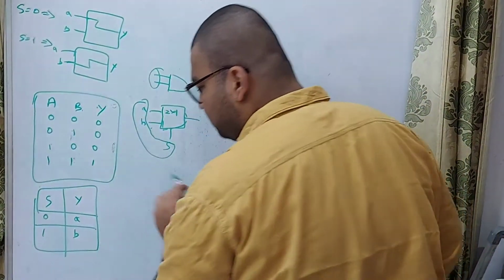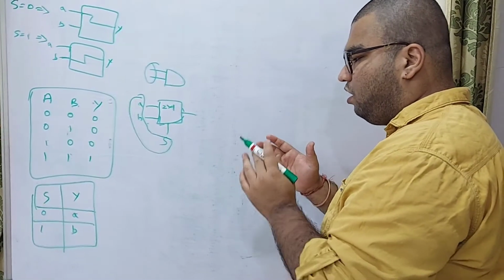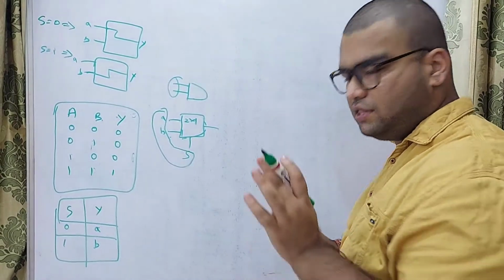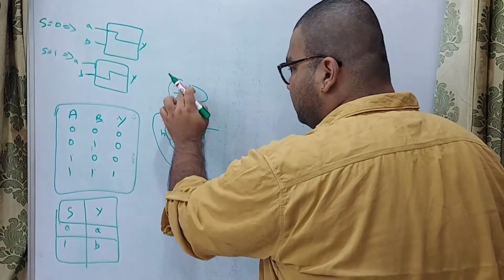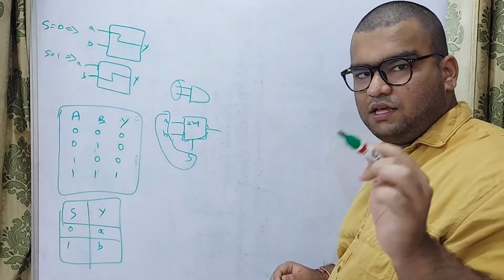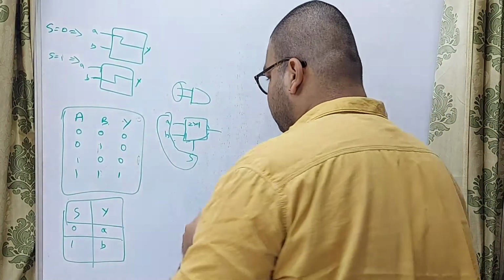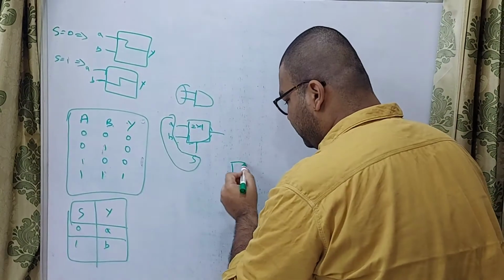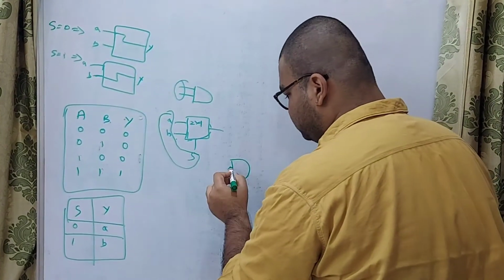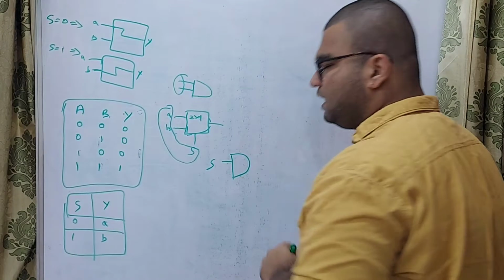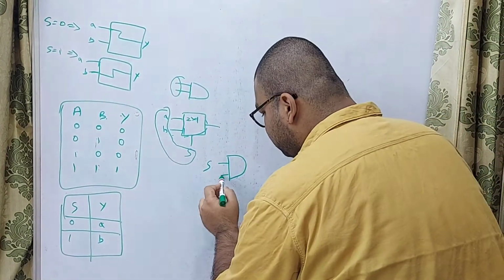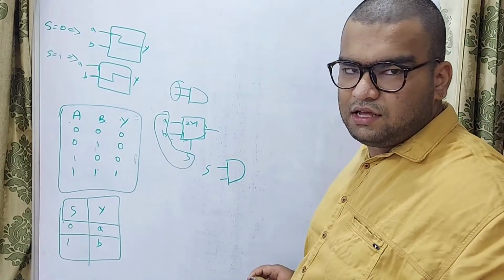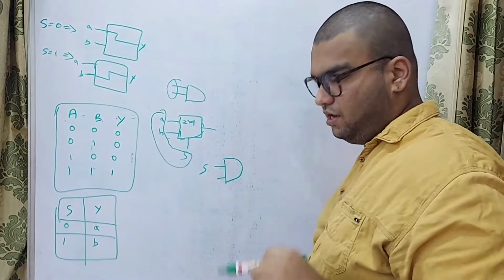We have seen in this table that the output mainly depends upon the select line. That means of these two inputs, one must be the select line. For example, if we are constructing an AND gate using this 2x1 MUX, one input must be the select line, and the other input may be A, or maybe B. I am considering A as the input line.